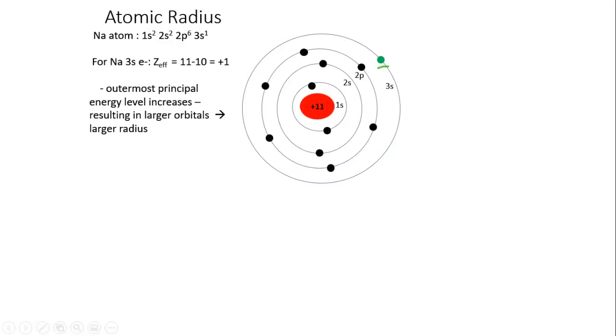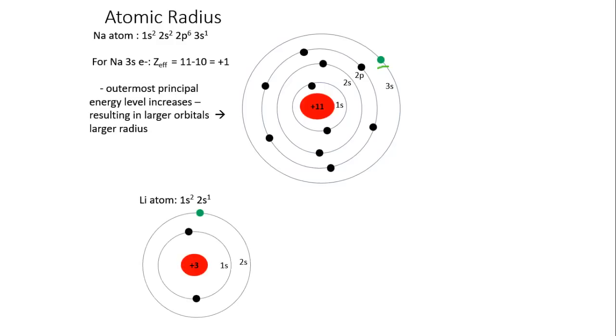Higher energy levels have larger orbitals, therefore the radius increases. As we compare it to lithium, which only has 3 electrons, they still have an effective nuclear charge of +1, but since sodium has more electrons, it needs more energy levels, so it has a larger radius.